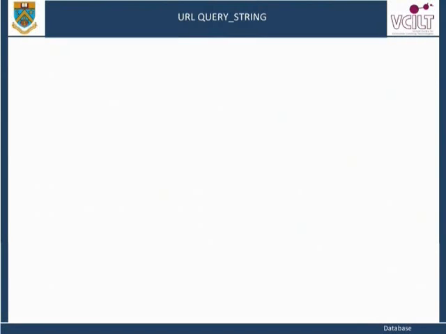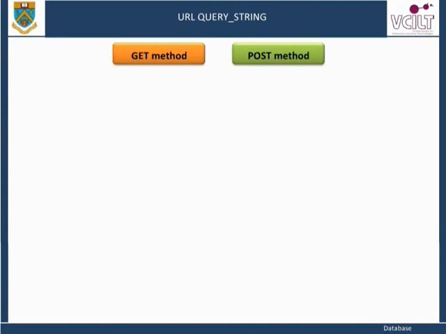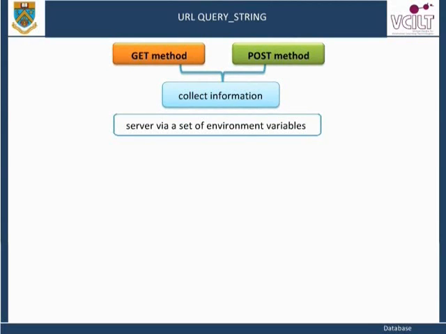Two basic methods offered by CGI to pass information between client and server: get method and post method. These methods can collect information for the server via a set of environment variables. By using this method together with the environment variable, query string, the server is able to find out the user's identity at login time and keep track of it thereafter.